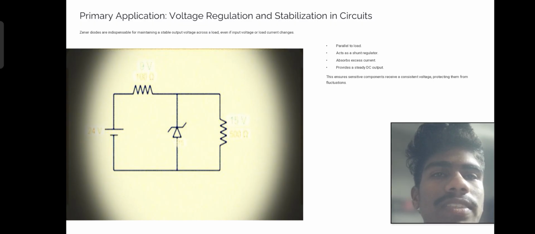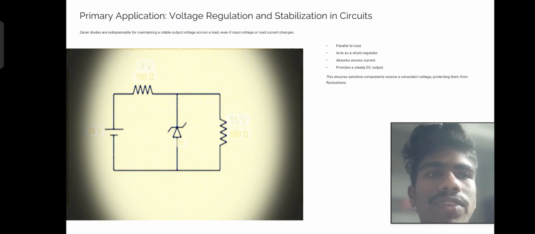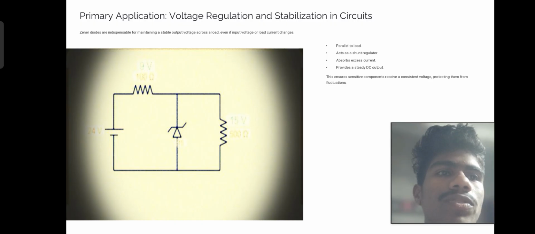Zener diodes are indispensable for maintaining a stable output voltage across a load even if input voltage or load current changes. Placed in parallel to the load, it acts as a shunt regulator. It absorbs excess current and provides a steady DC output. It ensures sensitive components receive a consistent voltage, protecting them from fluctuations.